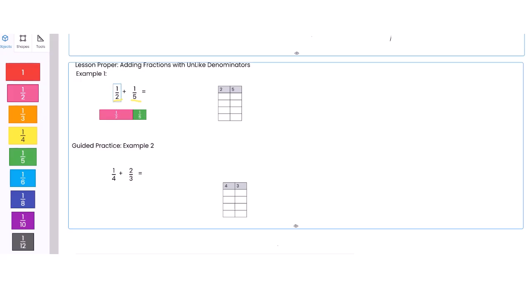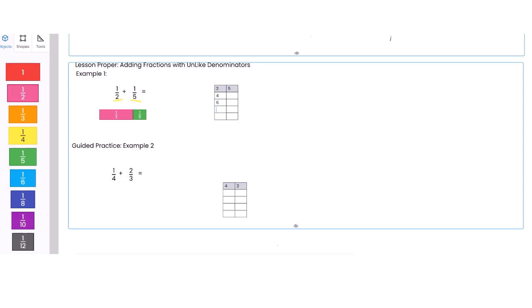Let's find the least common multiple of 2 and 5. First, let's write the multiples of 2. So we have 2, 4, 6. Correct. What's next?